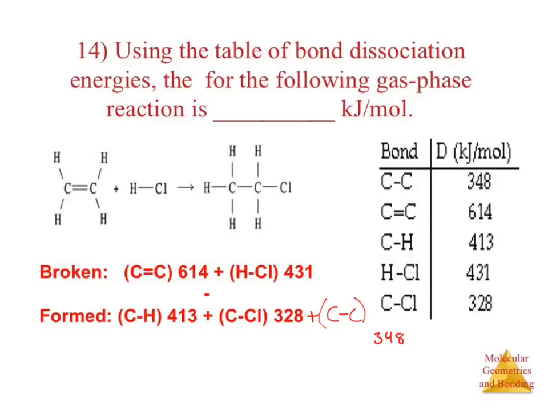The format that I drew out here is your standard formula format: reactants minus products, in this case for your dissociation energies. Why can't you just break the 1 single bond and keep the other? It's a good question. Take a look at the difference in energy between a carbon-carbon single bond and a carbon-carbon double bond. It's not half.